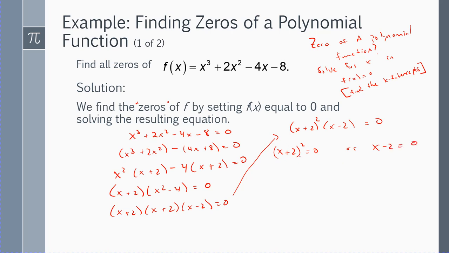Very simply, take the square root here. One solution is x is equal to negative 2, and x is equal to 2. So this function has 2 zeros, at x is equal to negative 2 and x is equal to 2.